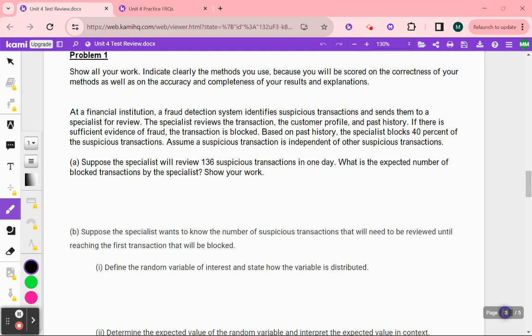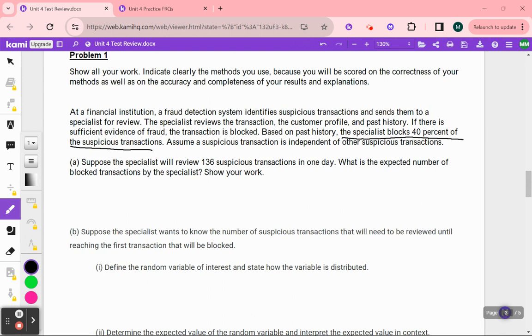The specialist reviews the transaction, the customer profile, and past history. If there's sufficient evidence of fraud, the transaction is blocked. Based on past history, the specialist blocks 40% of the suspicious transactions. Assume a suspicious transaction is independent of other suspicious transactions.